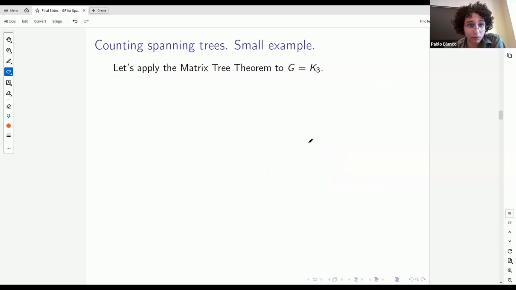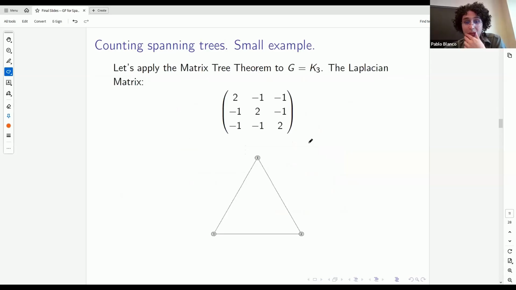Let me walk through an example for computing the number of spanning trees using this. Before, I showed you this graph K3, and we know it has 3 spanning trees, so I better get 3 when I run through this example. Here's the Laplacian. V1 has degree 2.